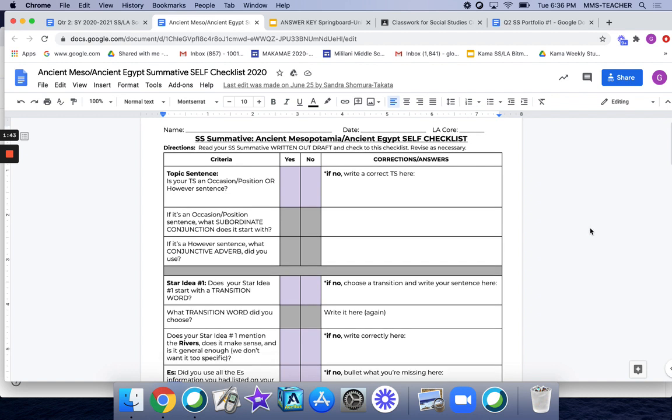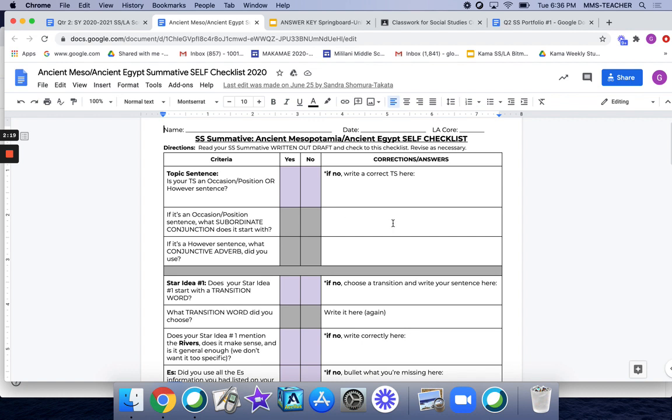Is your topic sentence an occasion, position, or a however sentence? Put yes or no. And if it's not an occasion, position, or however sentence, then you need to write a correct topic sentence here. Okay, because that was your instructions to write a topic sentence using an occasion, position, or however sentence. Then, if it is an occasion, position sentence, what subordinate conjunction does it start with?